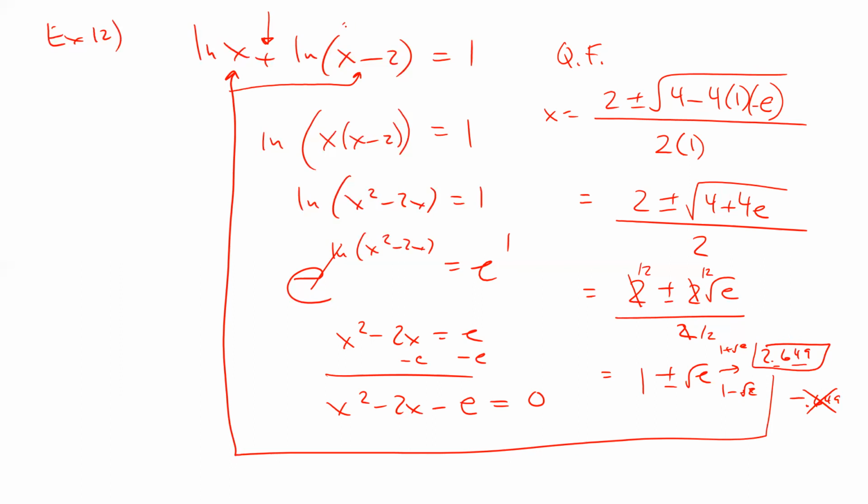Because notice over here, it's going to be 2.649 minus 2. So ln of 0.649 is still positive, so we're good there. Done. Okay. So x, finally, I get an answer of 2.649. Are we good with that? Anything else? Last one.